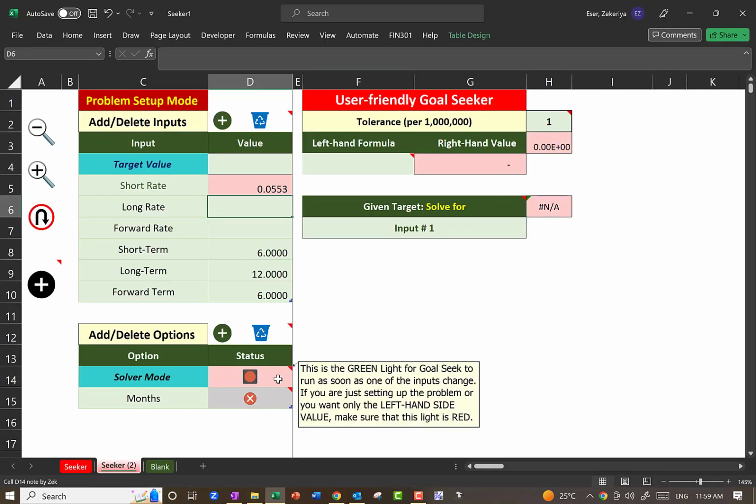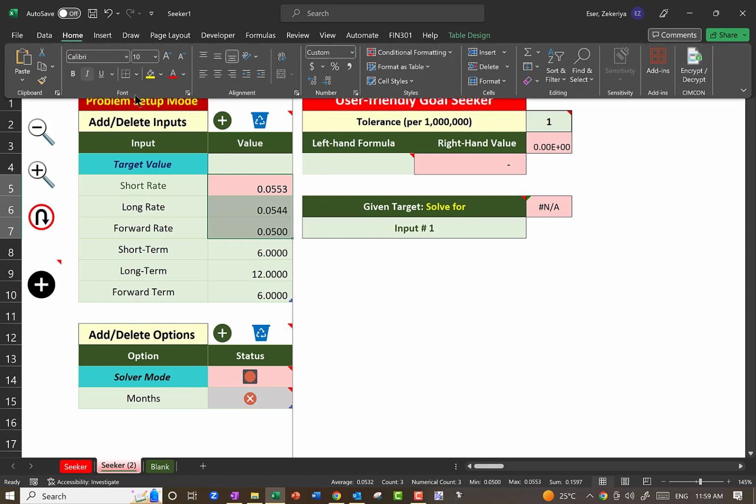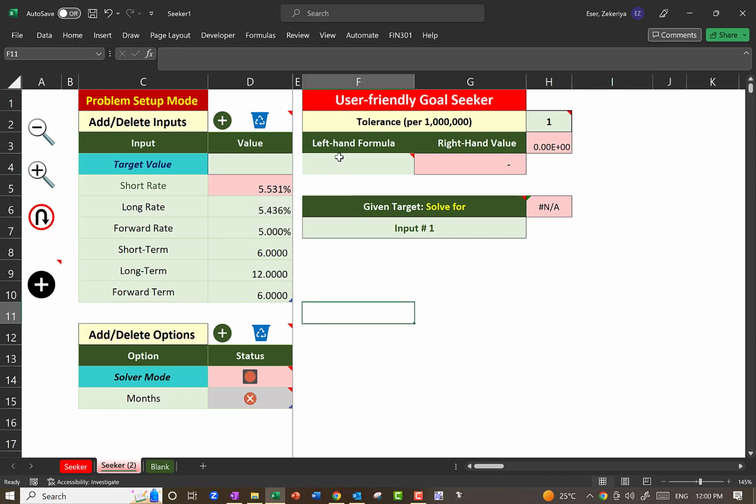So I'm going to here put a formula that's going to be the difference between the cost of borrowing using option 1 versus option 2. Okay. I won't do the year part for now. I'll just do the month part. Option 1.